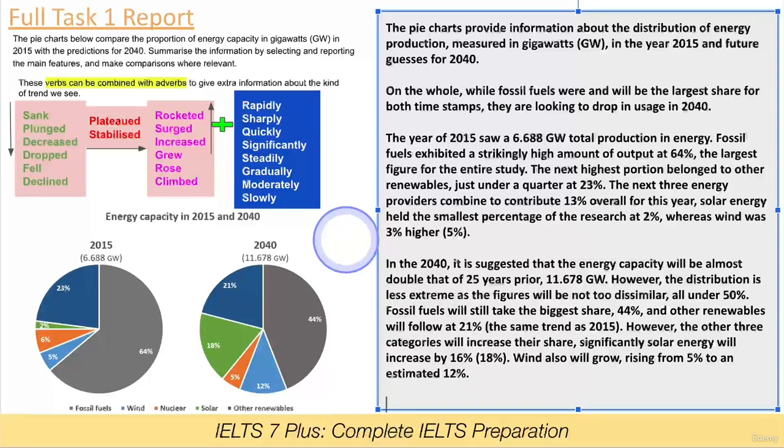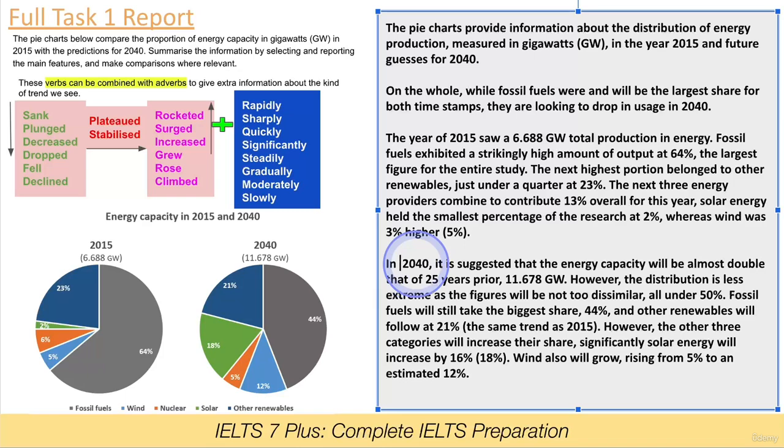Okay, let's read this back. In the 2040, it is suggested that the energy capacity will be almost double that of 25 years prior, 11.678 gigawatts. However, the distribution is less extreme as the figures will not be too dissimilar.